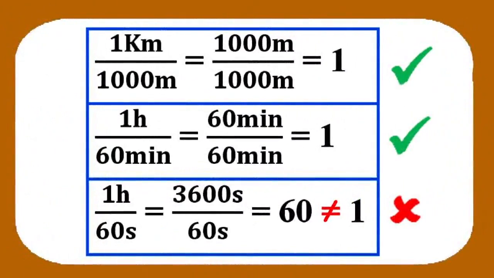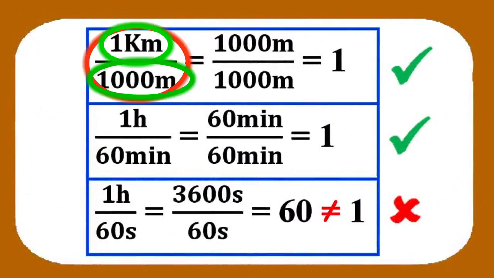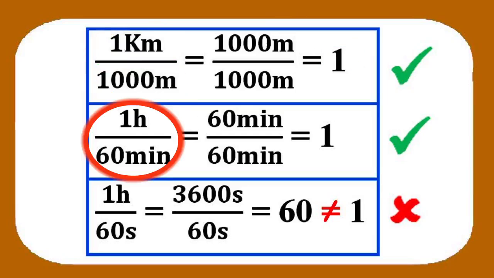For example, this fraction is a conversion factor. Because 1 kilometer is equal to 1000 meter. So numerator and denominator of the fraction are equal, and the total fraction is equal to 1. This fraction is a conversion factor.